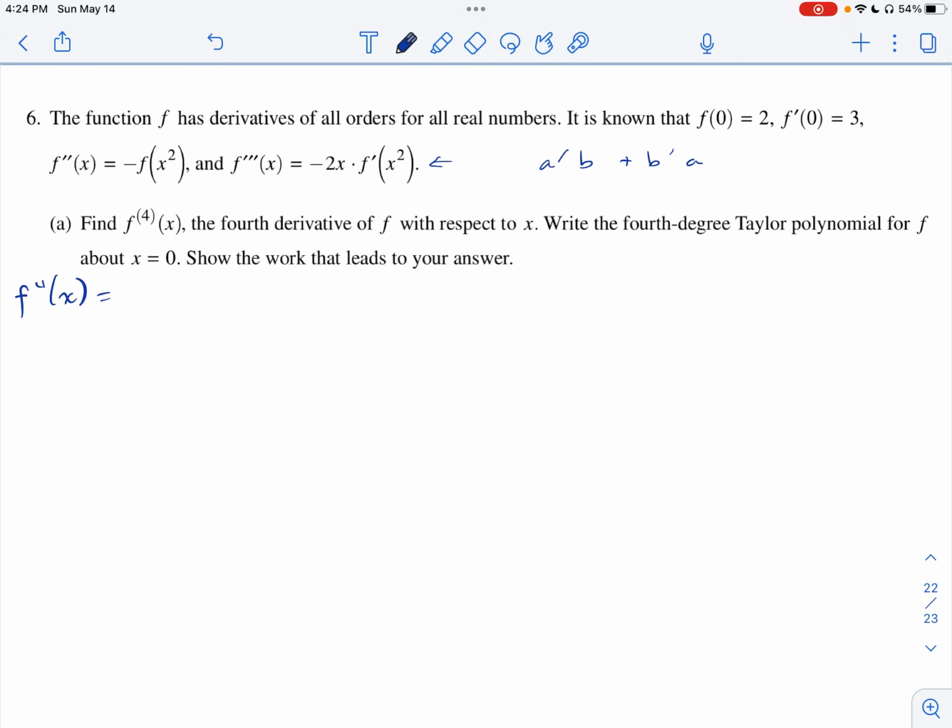But doing that, I've got negative 2 times f prime of x squared. So I just went ahead and I differentiated this, left this alone. Now I'm going to add to it that switched around. I'm going to leave this alone and then differentiate this. Again, just basic product rule here. So we've got plus negative 2x times f double prime of x squared.